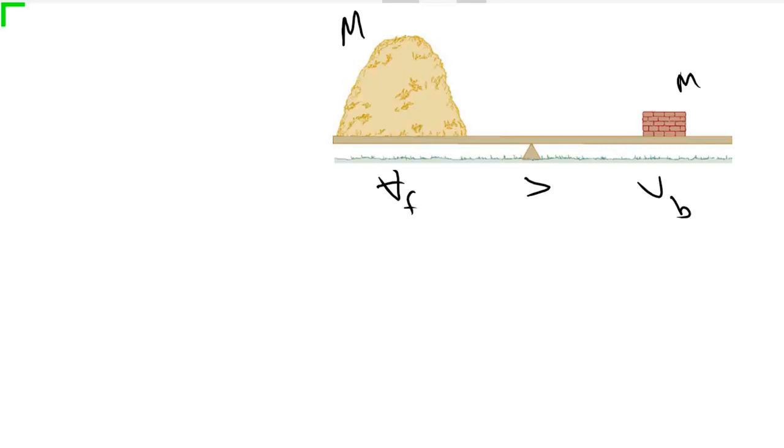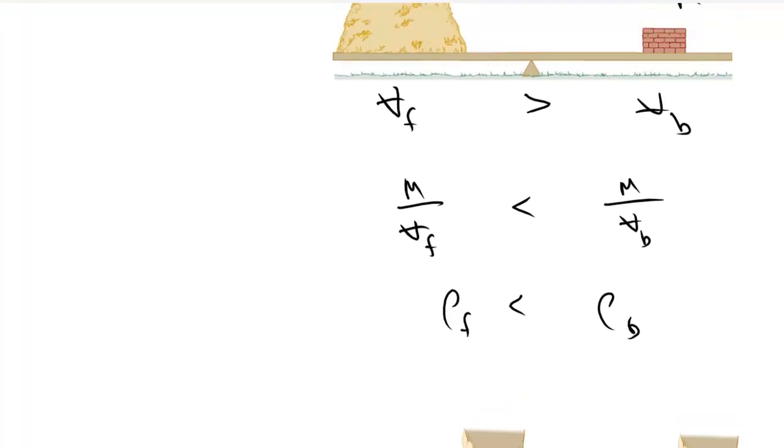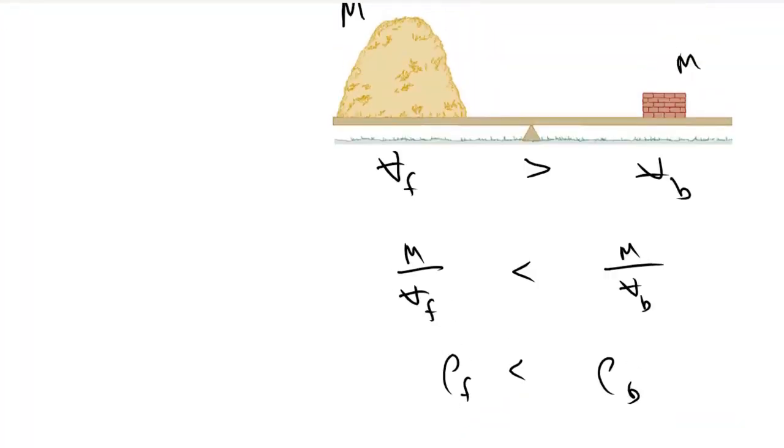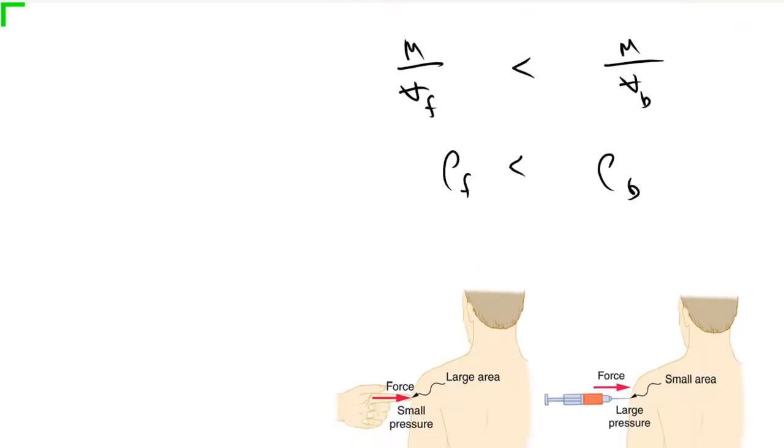With a greater volume, since density is mass over volume, the mass of the feathers divided by the volume of the feathers is going to be less than the mass of the bricks divided by the volume of the bricks. And so the density of the feathers is less than the density of the bricks. The feathers are less dense, hence they take up more space to cover the same amount of mass.